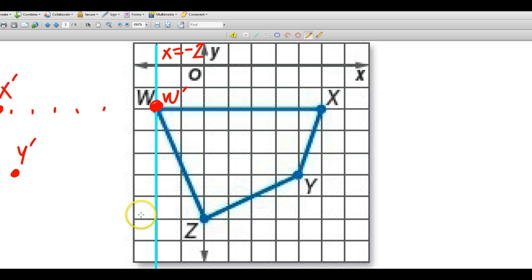And Z is 2 to the right, so I want to go 2 to the left for Z prime. And then connect my vertices.